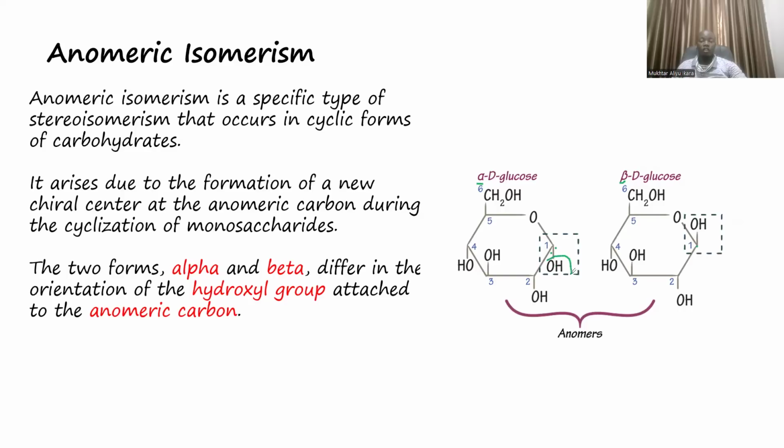In alpha-D-glucose, the OH group at the anomeric carbon is pointing downwards. In the case of beta-D-glucose, the OH group at the anomeric carbon is pointing up. So that is how to see the difference between alpha and beta.